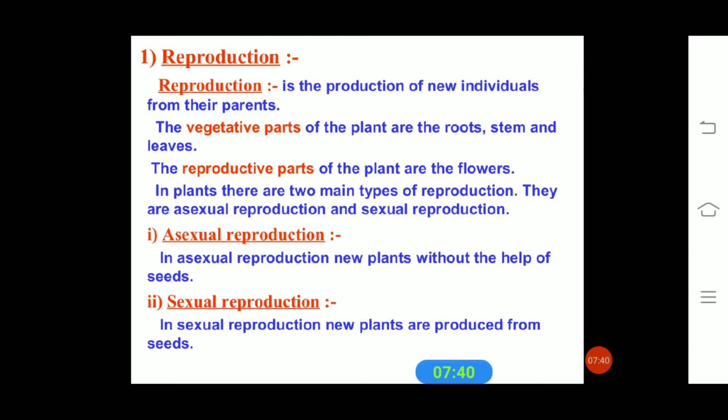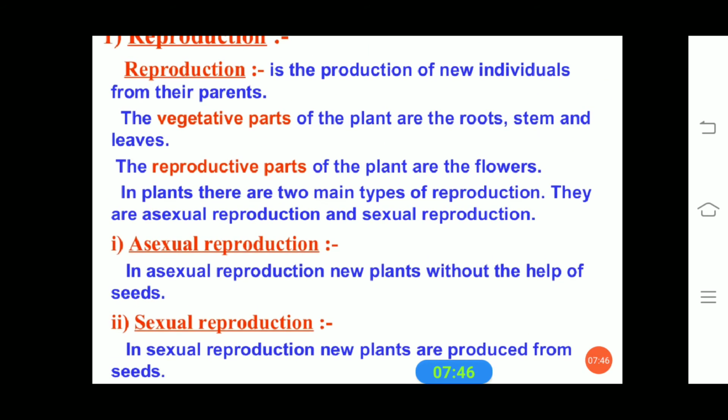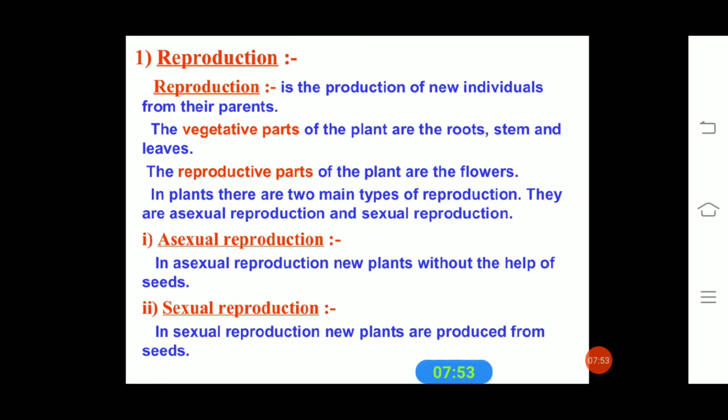It reproduces with the help of a single cell, whereas sexual reproduction needs both male and female cells. So this is about reproduction and its types, asexual and sexual reproduction.